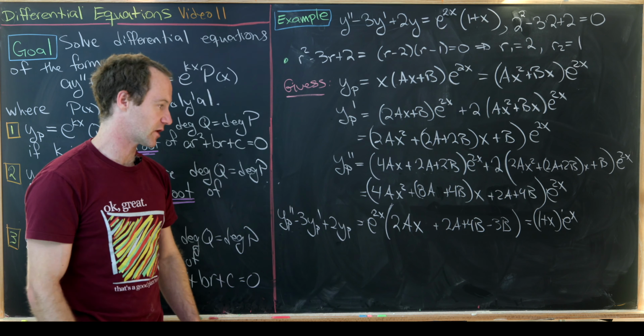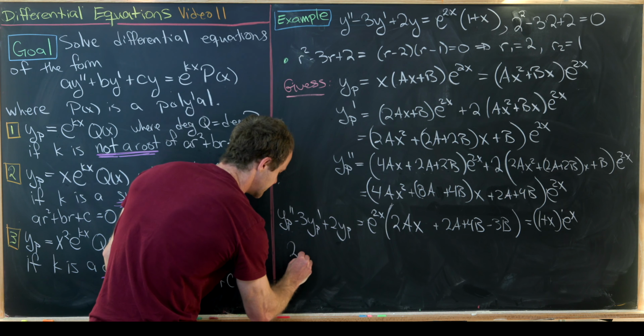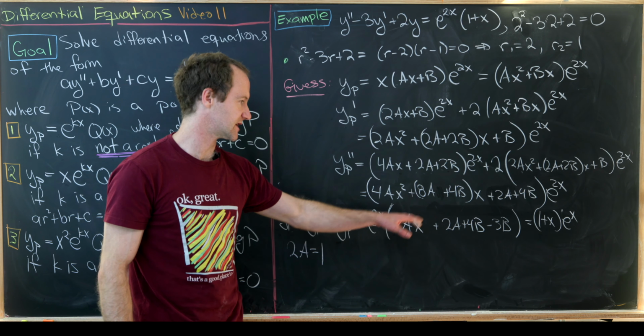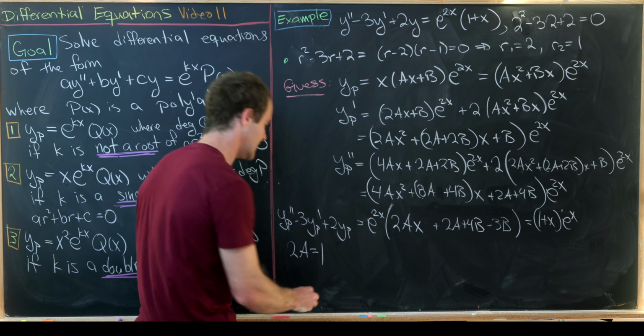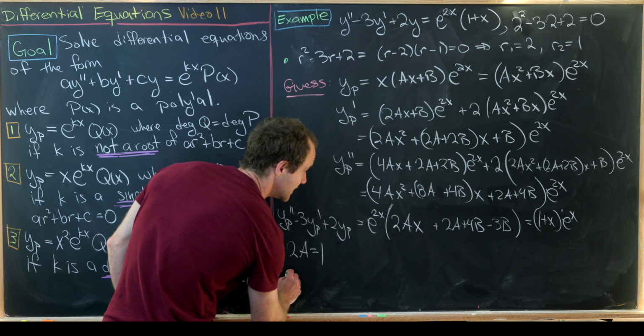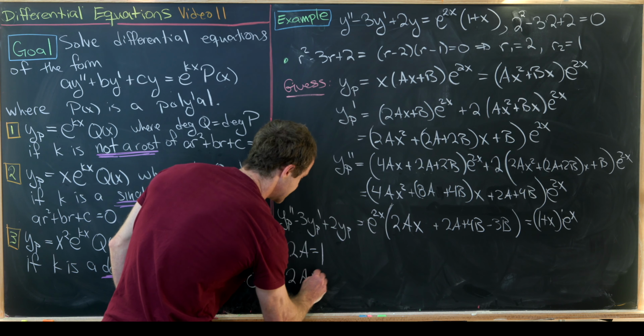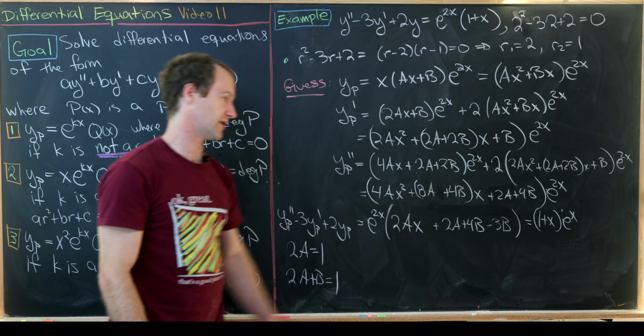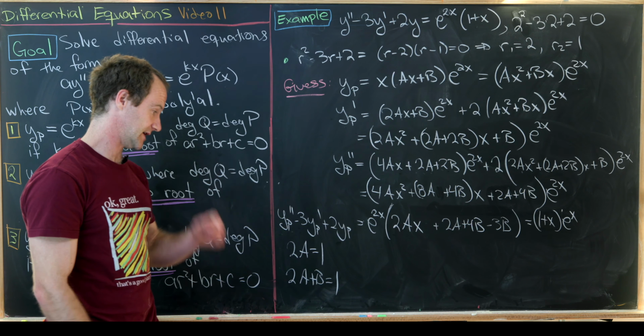Now we can equate the coefficients. So notice we'll get 2a equals 1, because that's the coefficient of x on the left-hand side and on the right-hand side. And then we'll also have 2a plus b is also equal to 1, because that's the constant term on the left and the right-hand side.